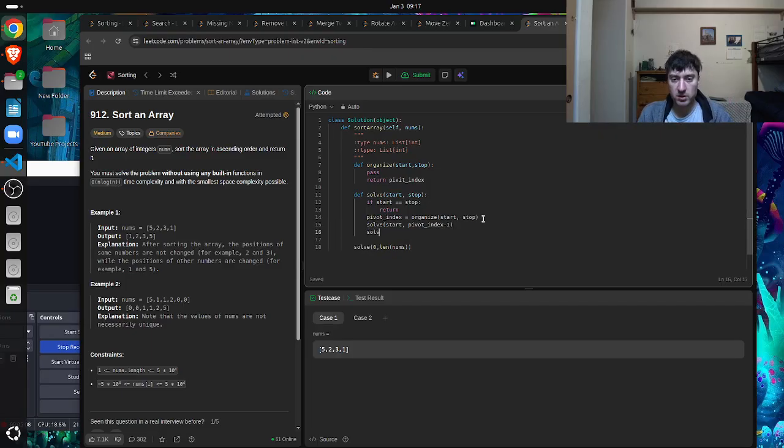Likewise, I can solve on pivot index + 1 to stop. And I'm noticing that this stop, I'm making it inclusive, so I need a -1 right there. Okay.